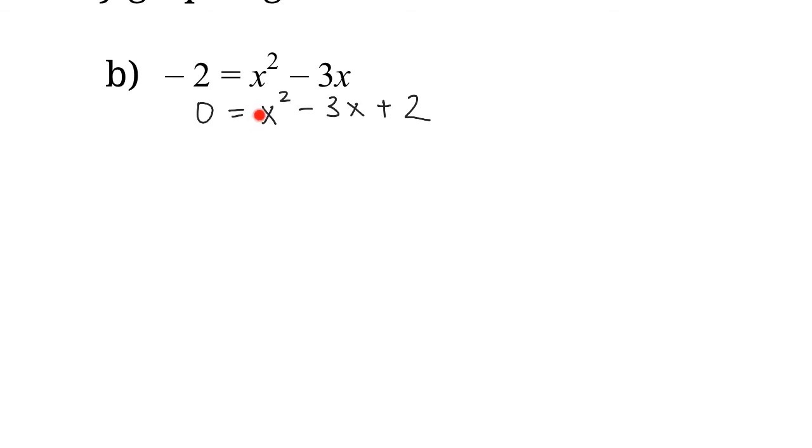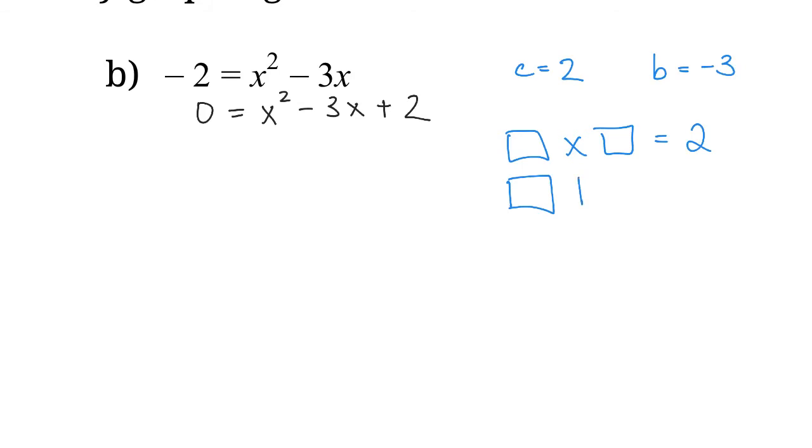Now, if I check my a value, it is 1. Because my a value is 1, I can just use the quick, faster way of using the sum and product method. My c value in this equation is 2, and my b value is negative 3. So I need 2 numbers that are going to multiply together to give me 2, and those same 2 numbers should add together to give me negative 3.